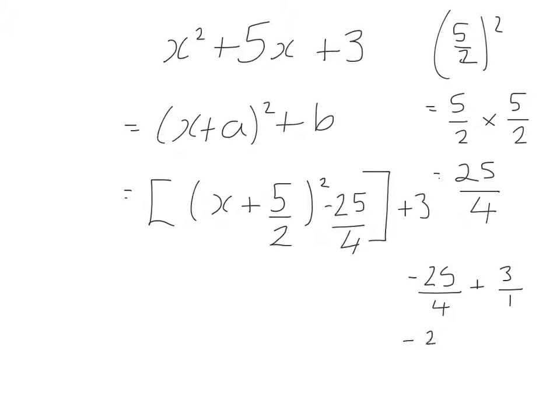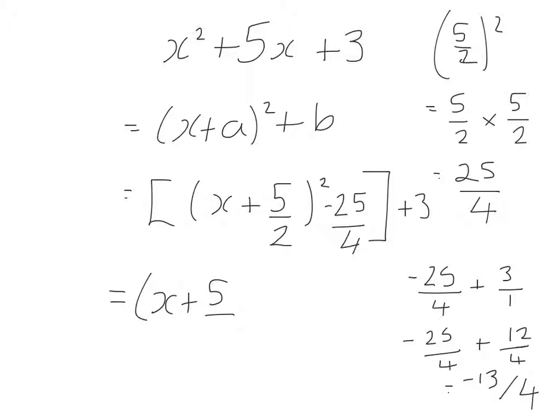I want to make sure they both have the same denominator. So I make that over 4 and 12. And then I can just simply write that as minus 13 over 4. So I can now write it in the completed the square form, x plus 5 over 2 squared, and then subtract 13 over 4, 13 quarters.